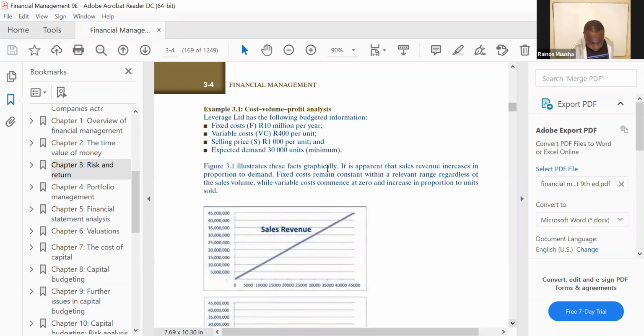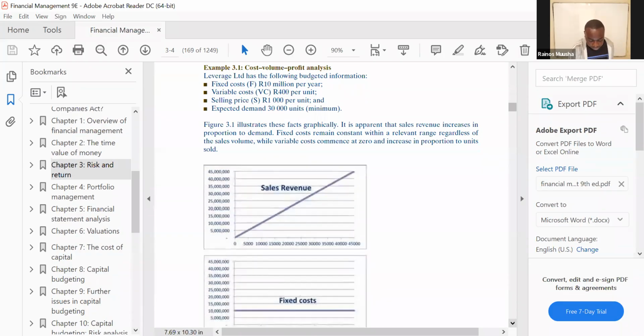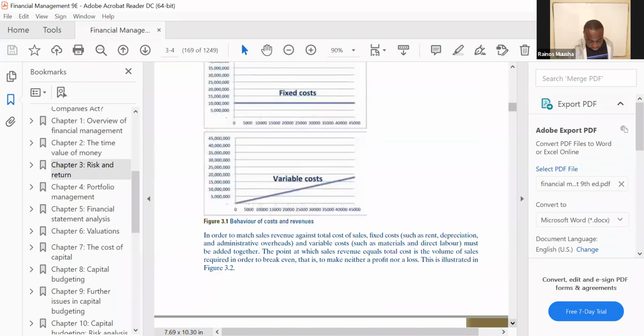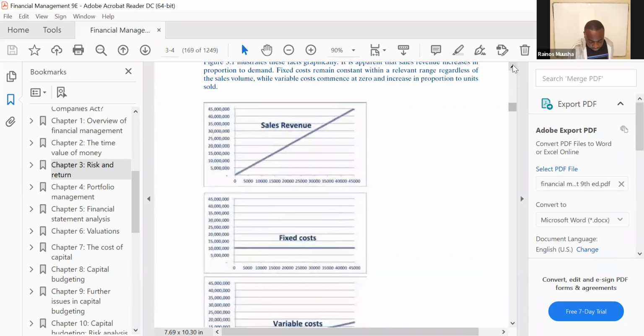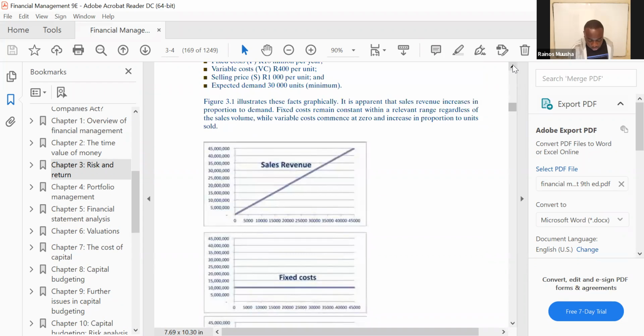So they give us the following information. They give us the fixed cost of the company. They give us the variable cost per unit, the selling price per unit, and then they give us the expected demand of those goods. And based on this, they tell us that your sales revenue is dependent on exactly how many units you sell.